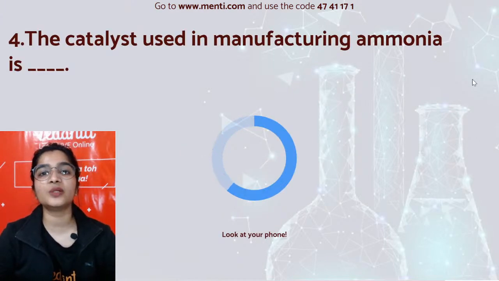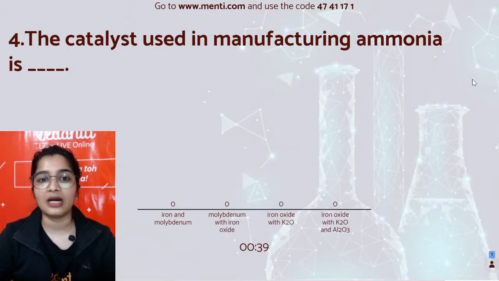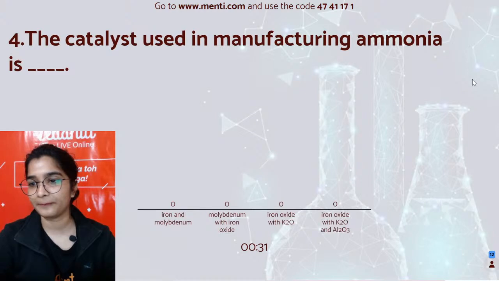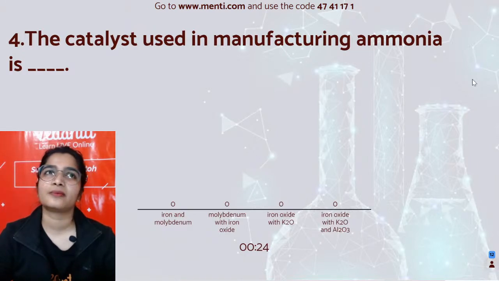The catalyst used in manufacturing ammonia is iron and molybdenum, with iron oxide, K2O and Al2O3. Define photosynthesis. I know, wait.